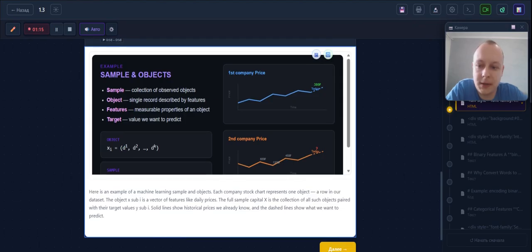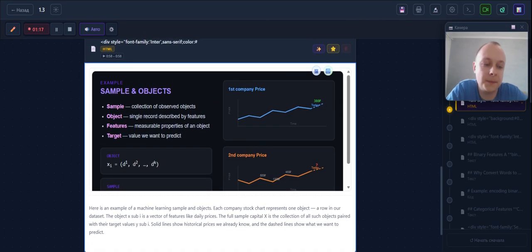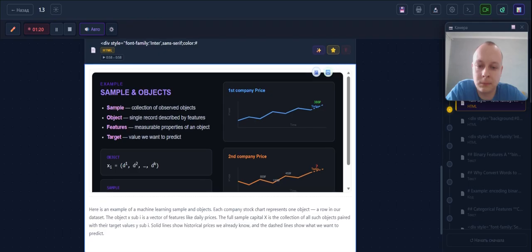First of all, let's look at objects. Our data set contains samples and objects. Sample is a collection of observed objects.